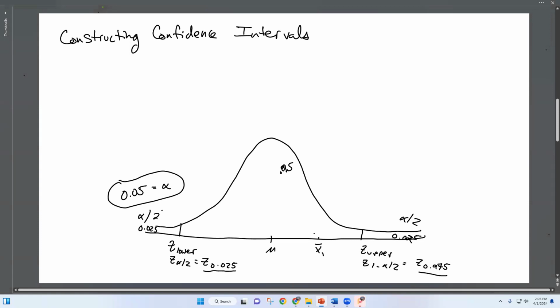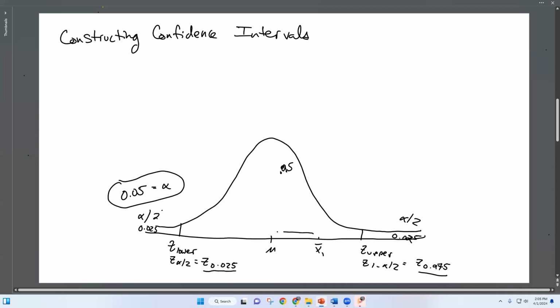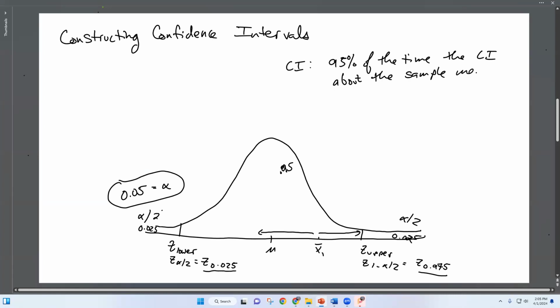If we draw that 95% confidence interval around the mean value from our sample, this is one of the definitions of a confidence interval: 95% of the time, the confidence interval about the sample mean, X bar, will contain the true population mean, mu.